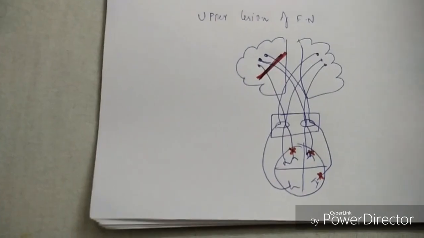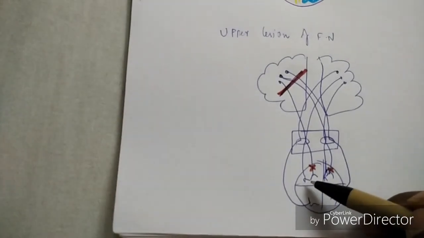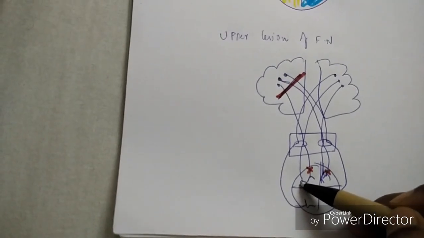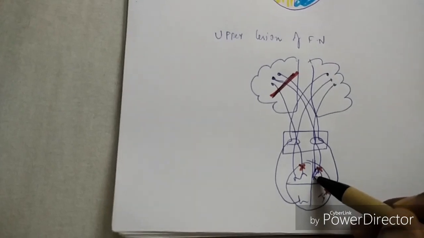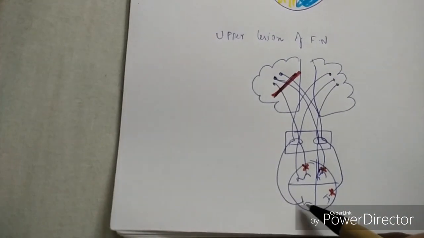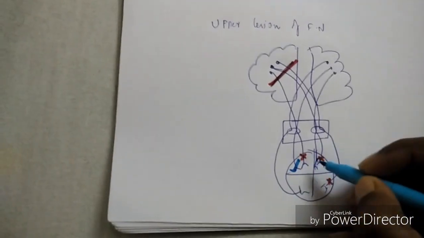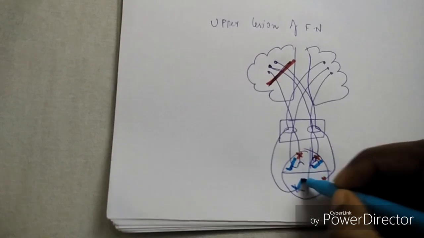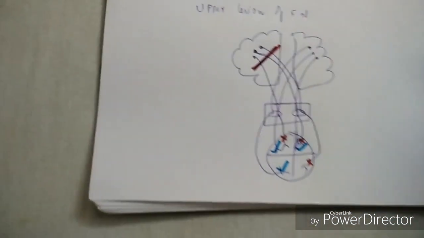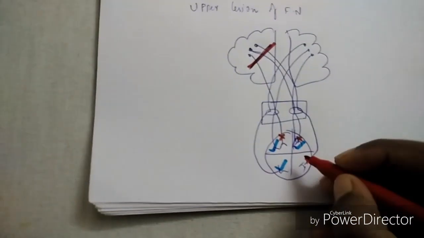But you can see that there is a nerve supply to this part, there is a nerve supply to this part, and there is a nerve supply to this part. So these are safe. The only thing that is affected is this one.